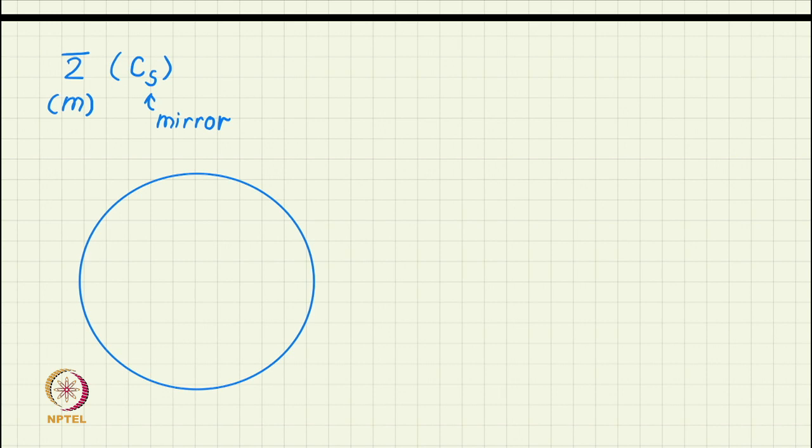So, if we consider the mirror plane to be, so let us show the point in general position, and if we think of the mirror plane as horizontal, so it will coincide with the equatorial primitive circle.